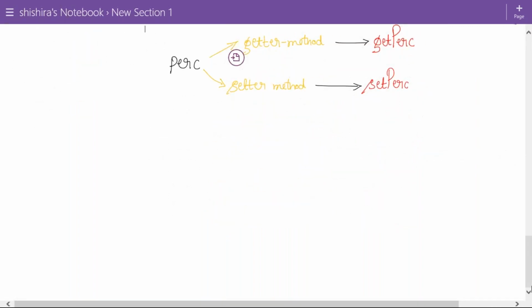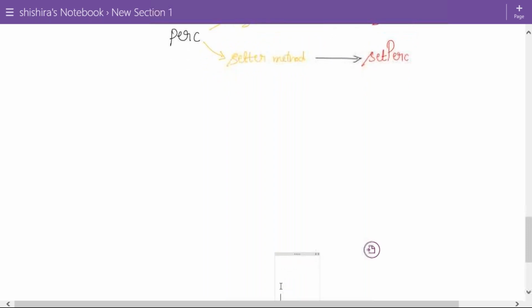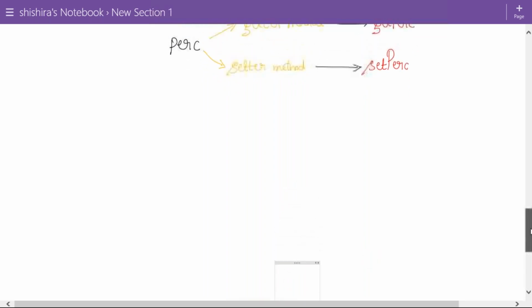So finally, what is the meaning of encapsulation? I have some data member. Observe this diagram. Now I'm going to have some data member with me. What do I do with the data?